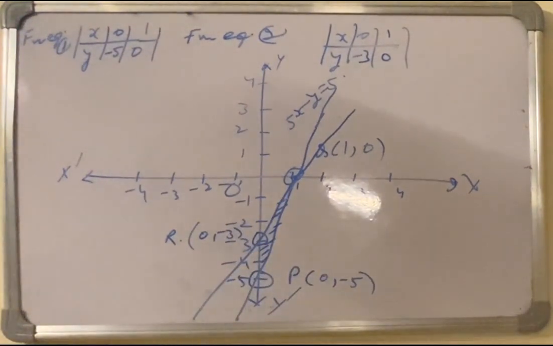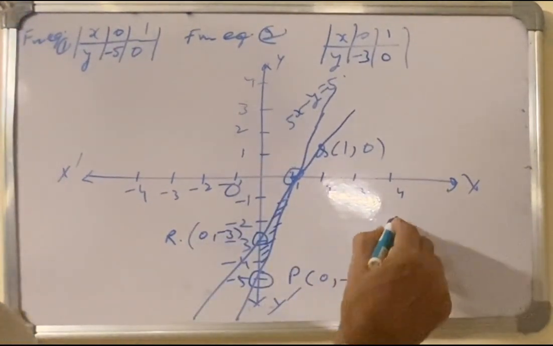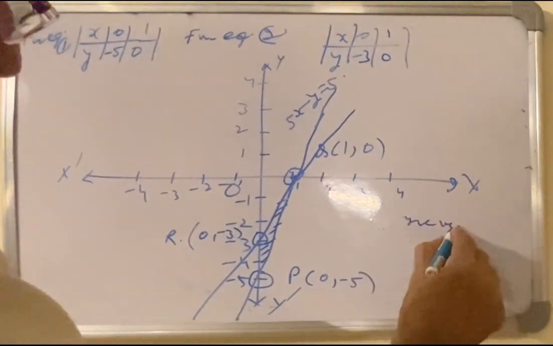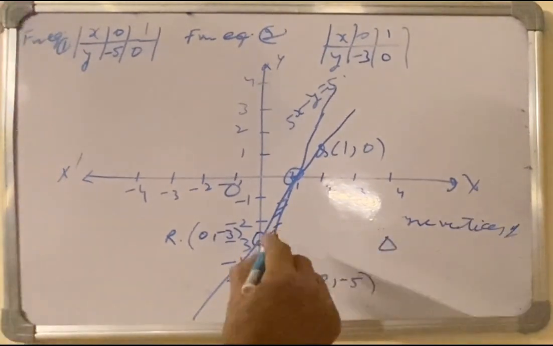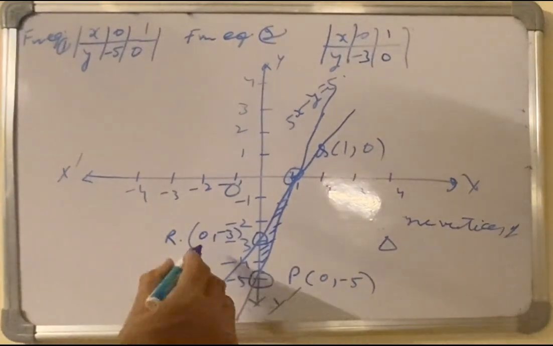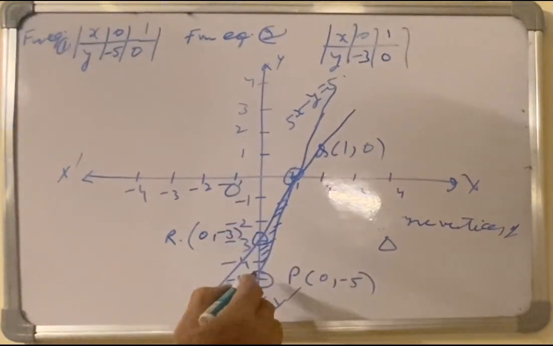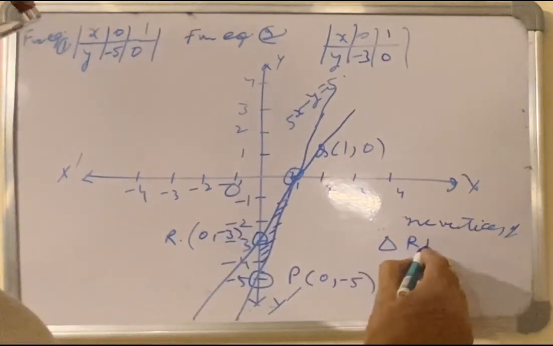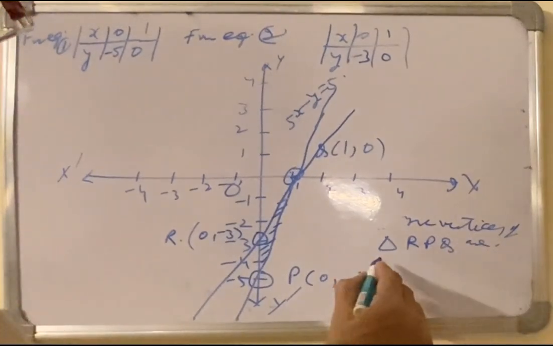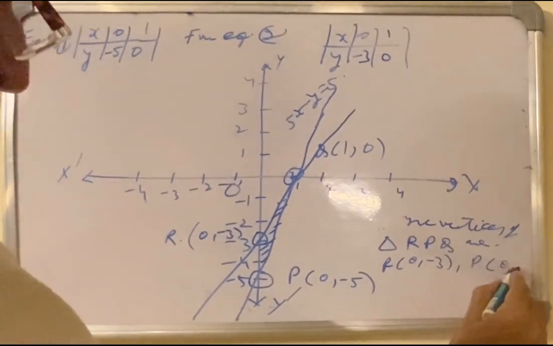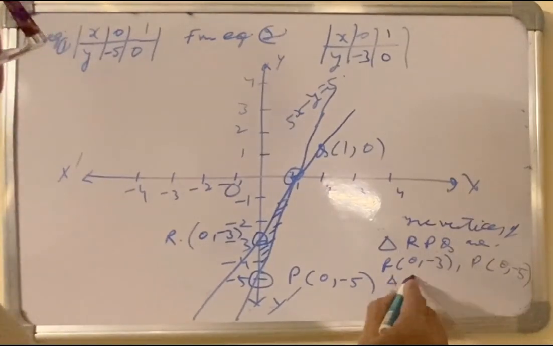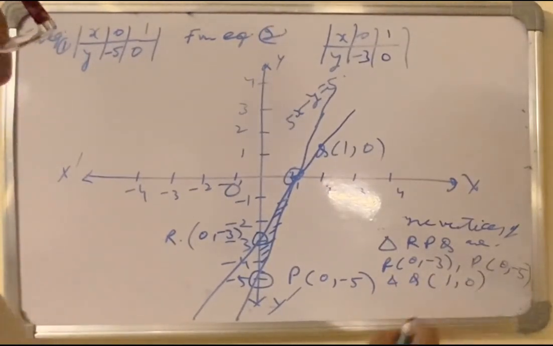Now we have this triangle formed by these two lines of the given equations and y-axis. Therefore, the vertices of triangle PQR are R (0, -3), P (0, -5), and Q (1, 0).